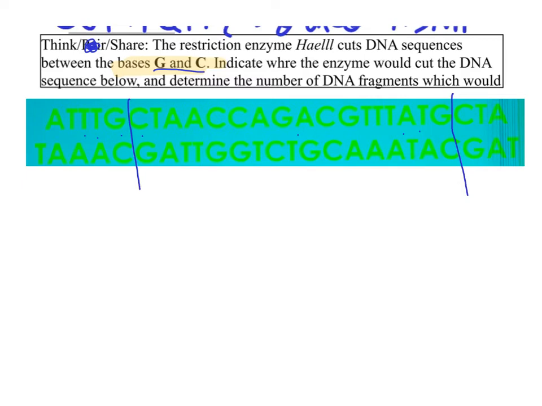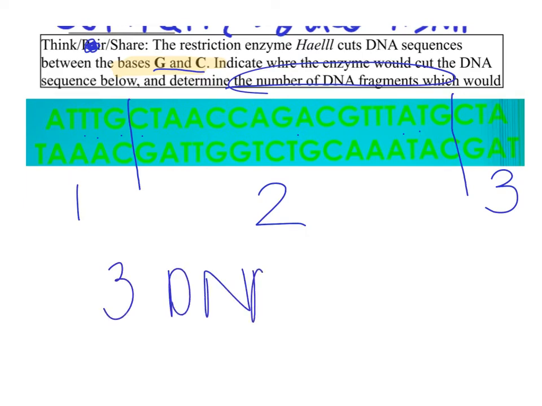In order to determine the number of DNA fragments, I'm simply going to count in between each cut. So this would count as 1, this would count as 2, and this would count as 3. So in total, I have 3 DNA fragments.